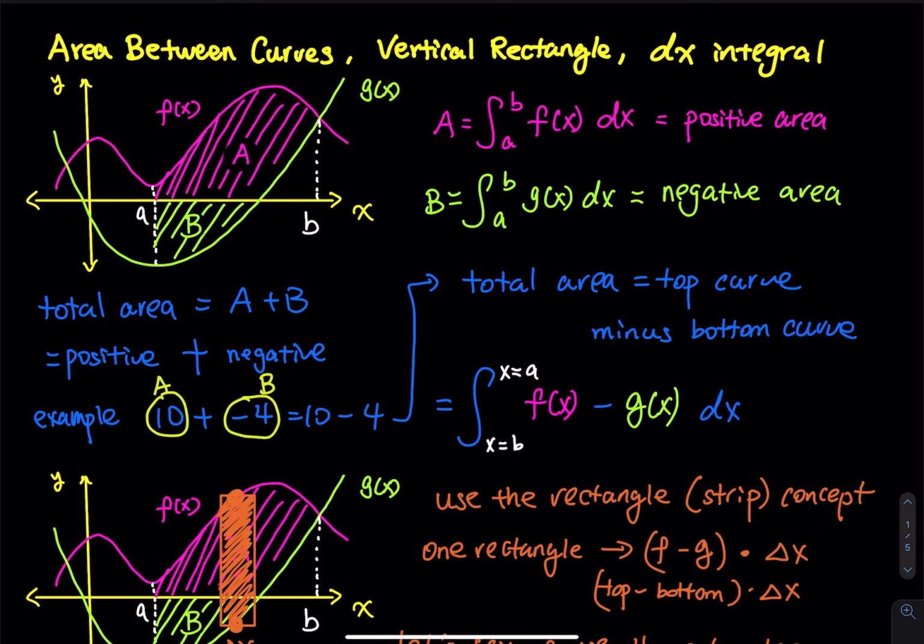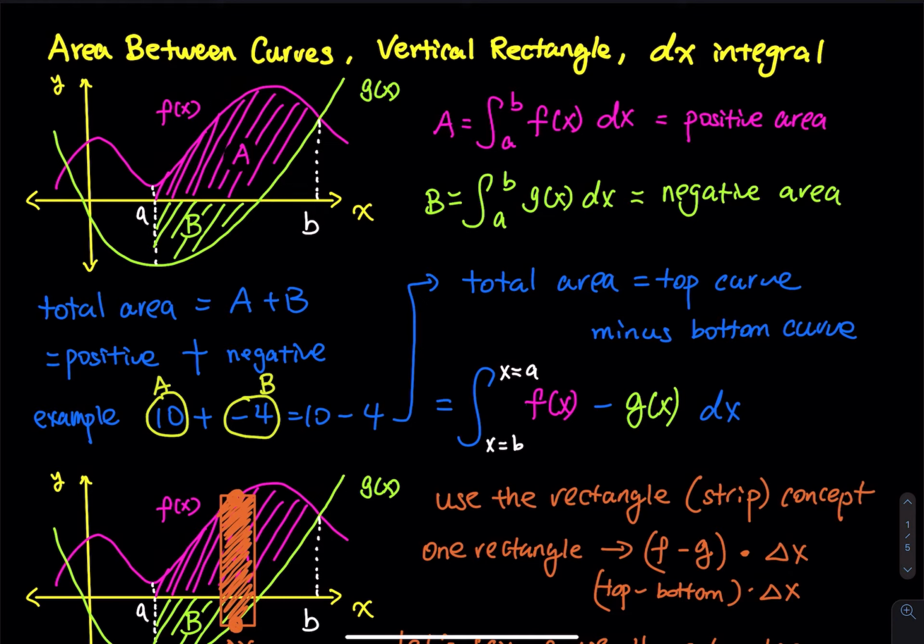So that leads me to another step, where the total area is the top curve minus the bottom curve. If you follow the arrow, do you see that I wrote total area is equal to top curve minus the bottom curve? So that's how we get the first concept. When you look for area between two curves, you use the top curve minus the bottom curve.